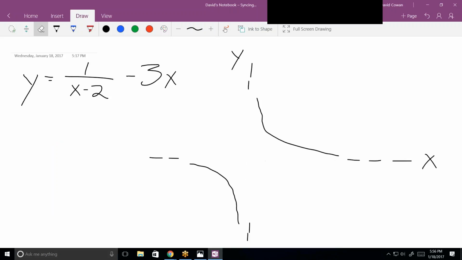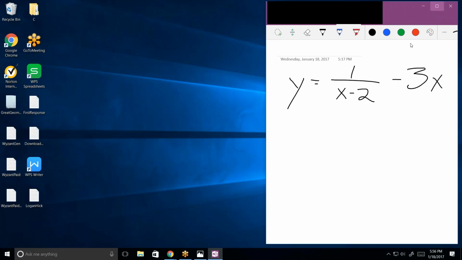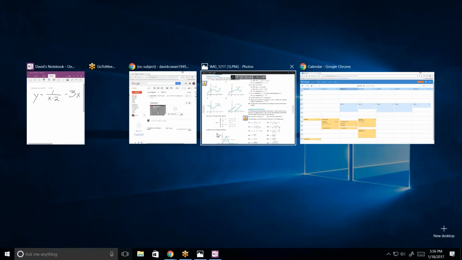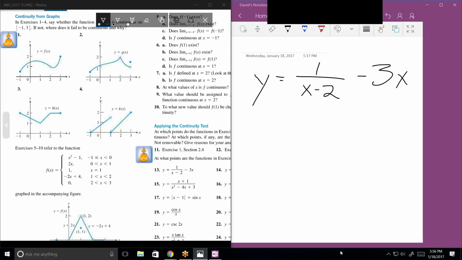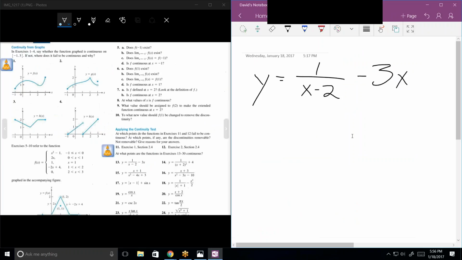In other words, the only thing we have to figure out as to where this is not continuous is wherever I have a vertical asymptote, which is wherever you're dividing by 0. So where is this not continuous? What value of x gives this problem problems? 2.